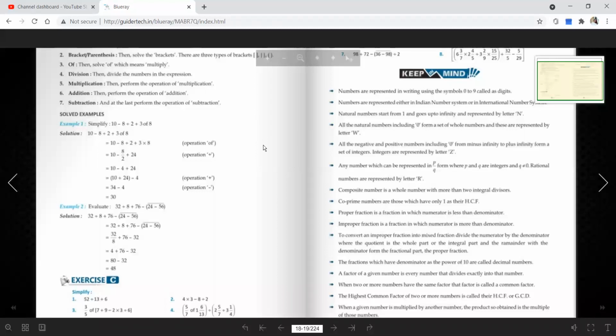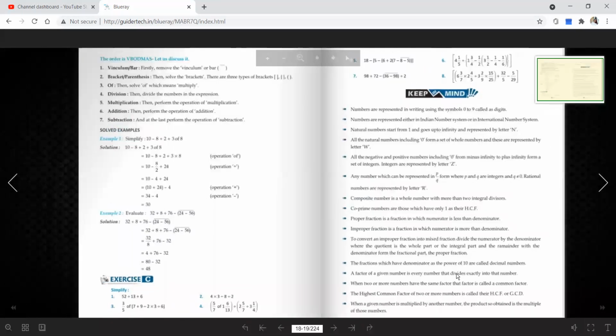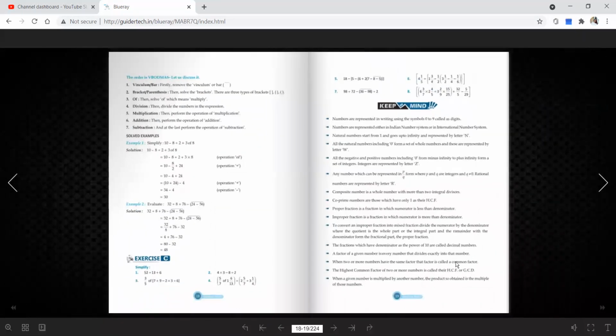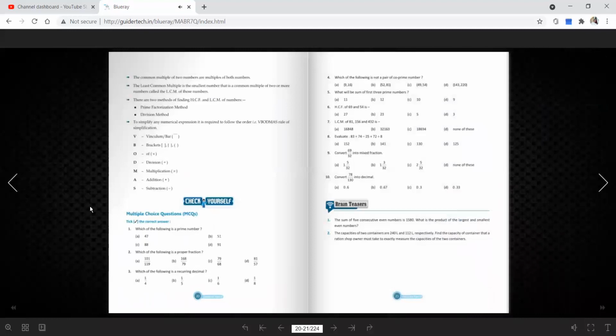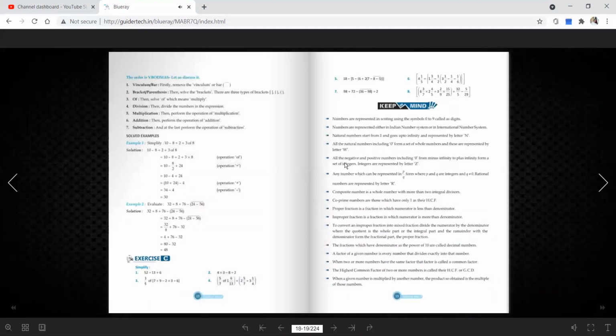Ma'am, tell me, the fraction which has denominator a power of 10 is called a decimal number. That one. Which thing are you telling? Ma'am, from that, see, in keep in mind, point number 6.